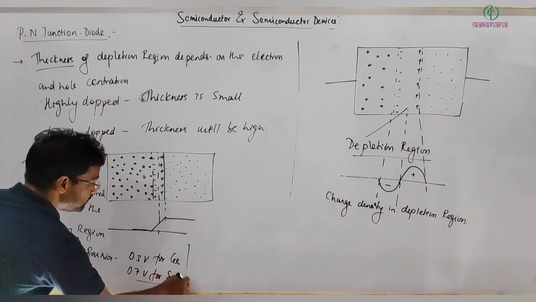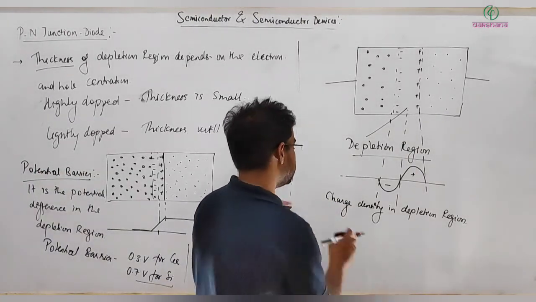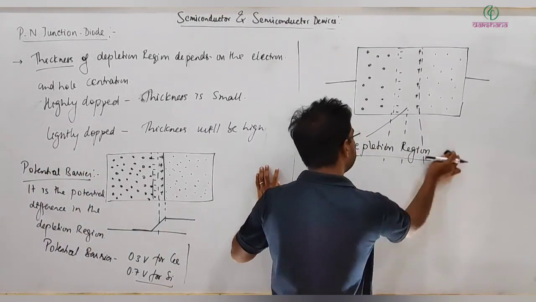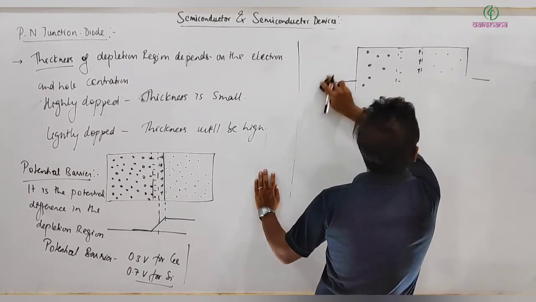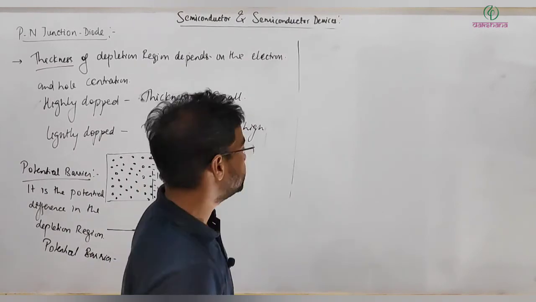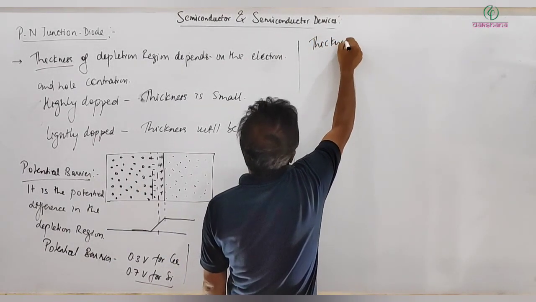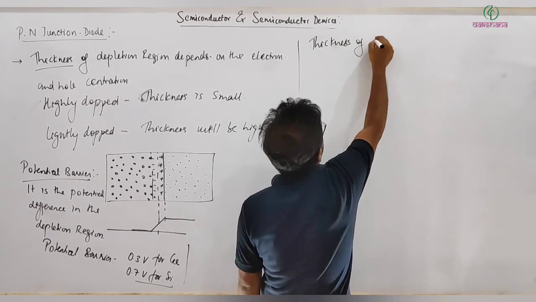So the value is almost fixed, and the thickness of the depletion region is of the order of a micrometer, 10 to the power minus 6 meter, something like that. So the electric field in this region is actually quite large.